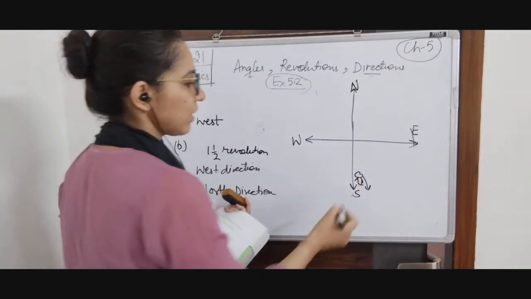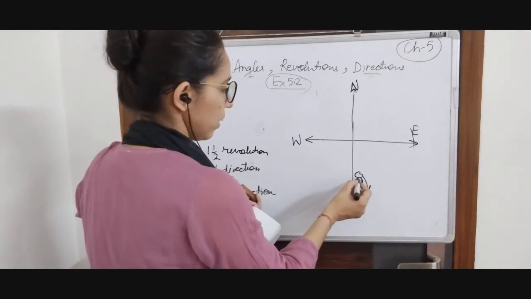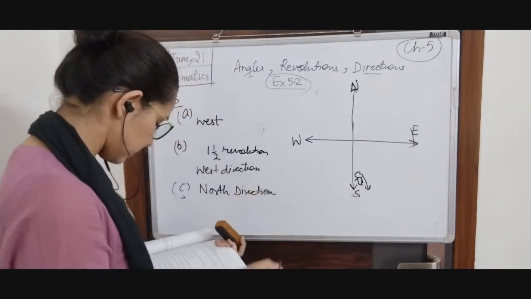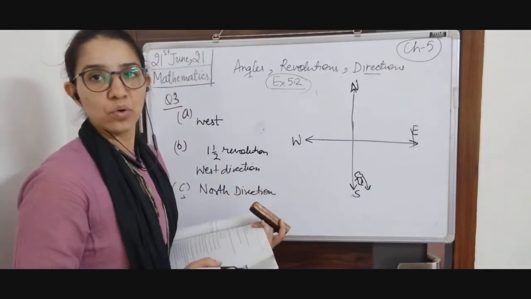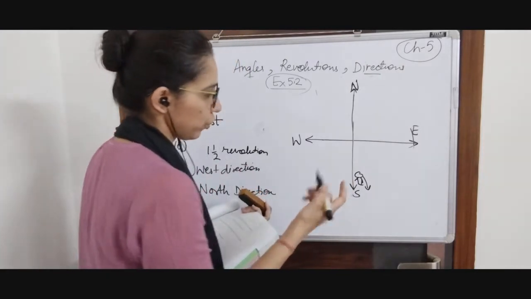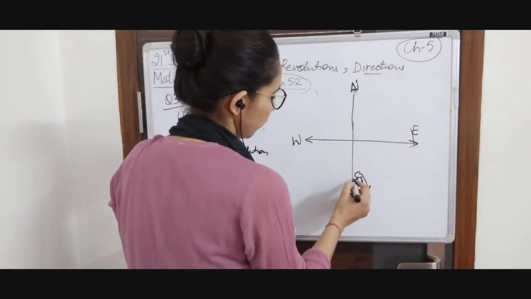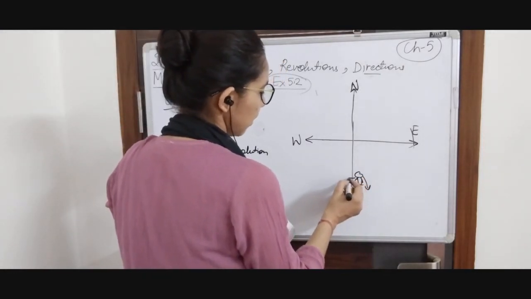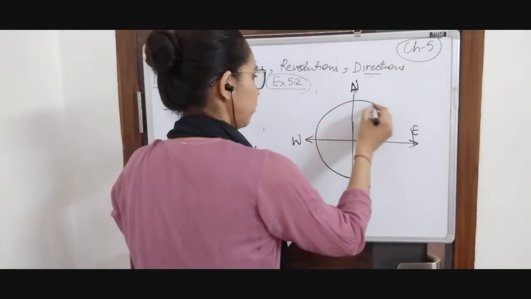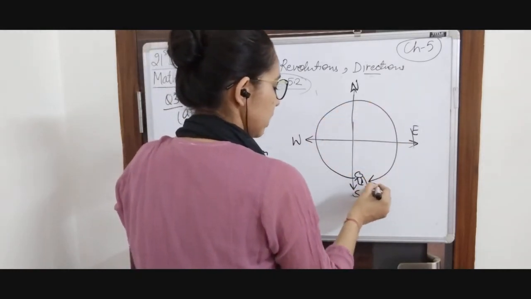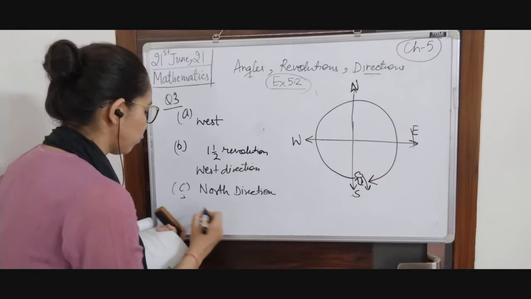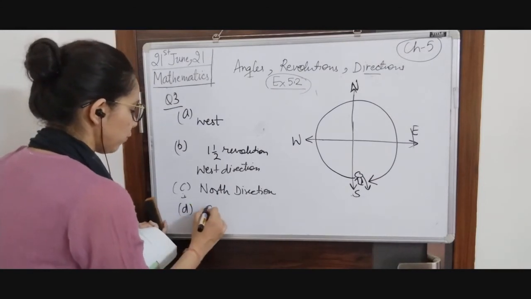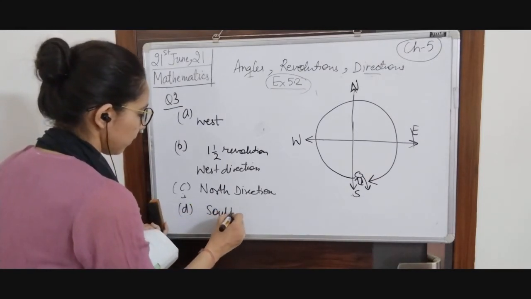Then he is making 1 complete revolution. So he started from here, and here notice that clockwise and anti-clockwise is not mentioned. So we are going to take anyone. So suppose we are going clockwise. So clockwise 1 complete revolution means 360 degrees. So we are going to reach at south again. He is going to face south direction again.